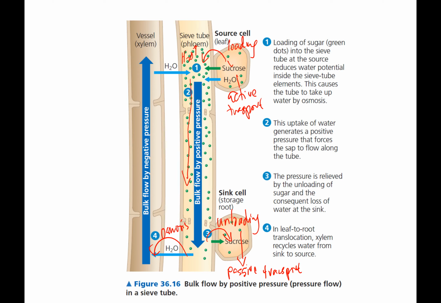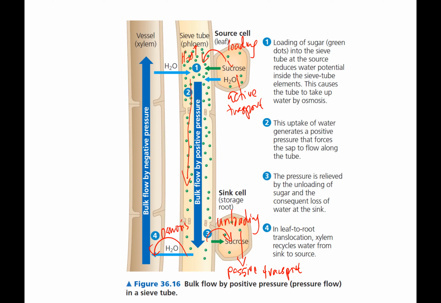Okay, class, I repeat, the very important point here is how sucrose will move through the sieve tube. You have to remember the main phases. Phase number 1 is the loading phase, at the source cell or leaf cell into the sieve tube.